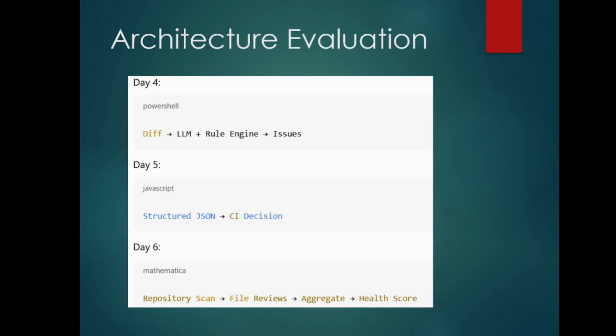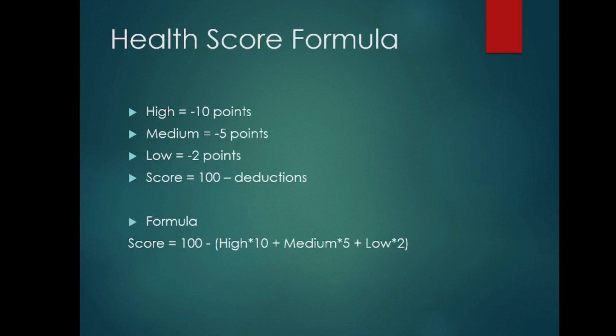We are scanning each and every file that has been written, and that will be run by the agentic AI, which finds all the issues and gives you a proper health score. For high and medium, whenever any issue comes up or any clarity is required, we give it a point, so that you can create the score based on this formula. This is the formula being used.